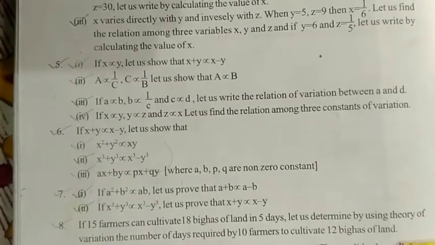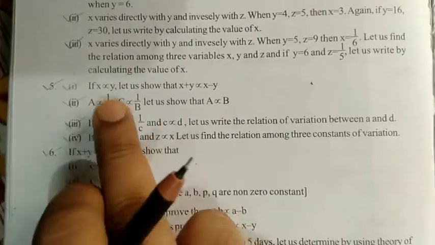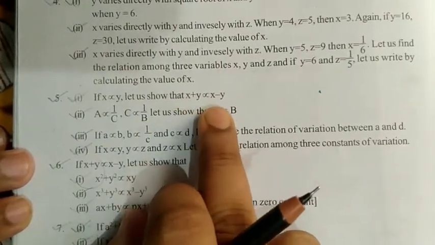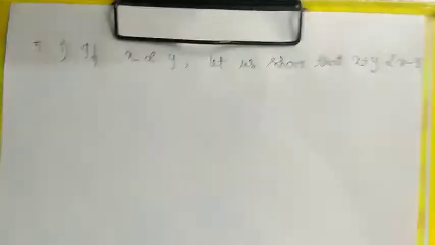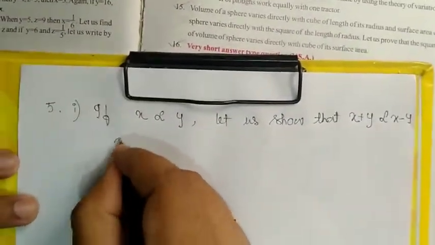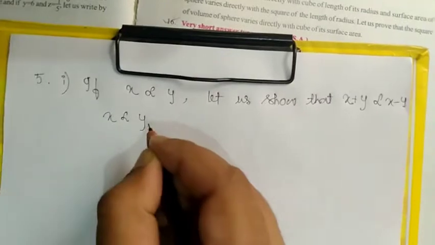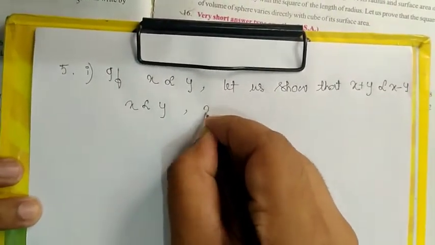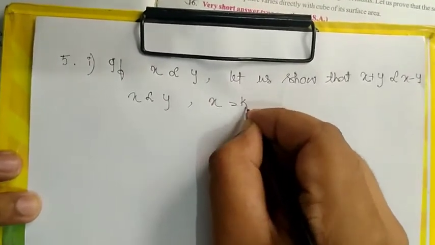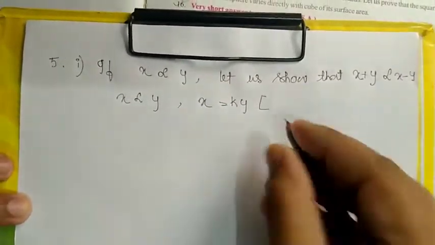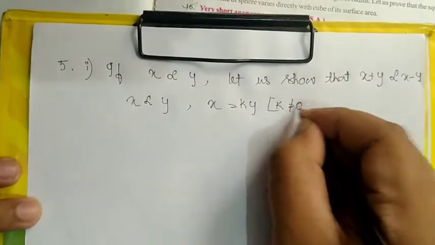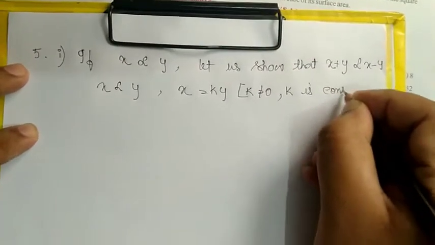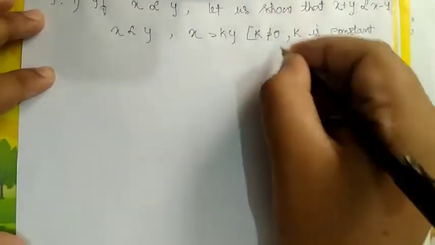This is sum number 5 part 1. If x is in direct variation with y, let us show that x plus y is in direct variation with x minus y. Now here x direct variation with y, so therefore we can write x equal to ky, where k not equal to 0 and k is constant of variation.